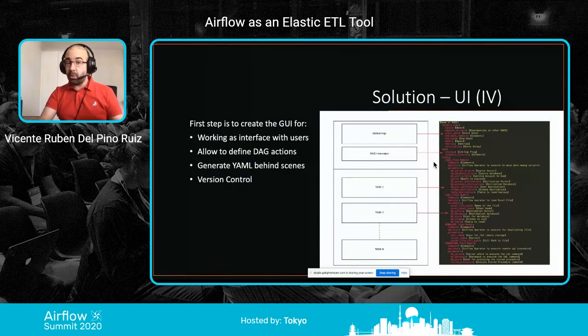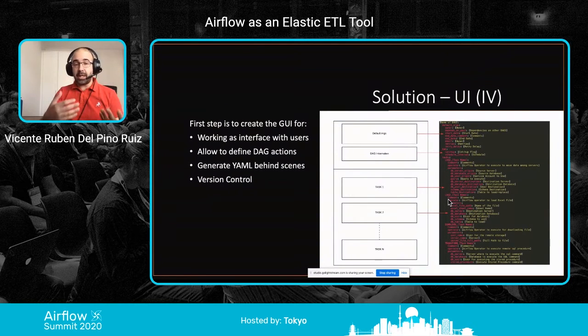If, for example, you are loading an Excel file into a database, our UI would choose a different set of parameters and a different Airflow operator. So basically, the UI is the one that is smartly deciding which Airflow operator we have to use, depending on the type of action and the type of source and destination.